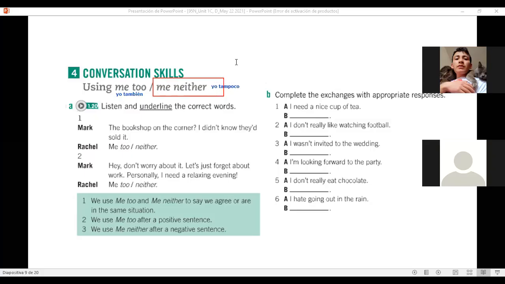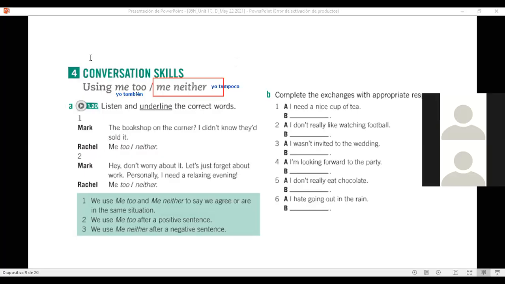So it's time for us to just choose the correct option, ¿ok? Vamos a elegir la opción correcta. Tenemos dos situaciones and I'm going to ask you to help me with this one.